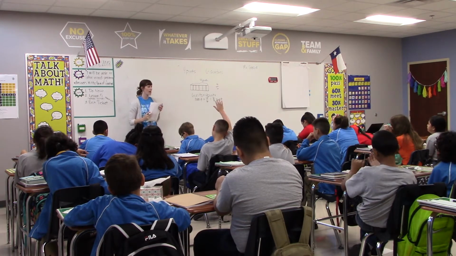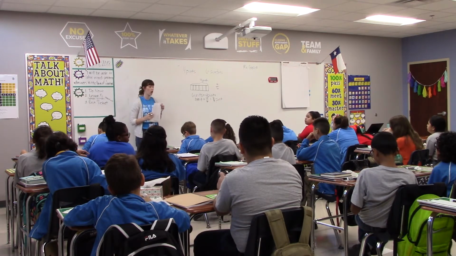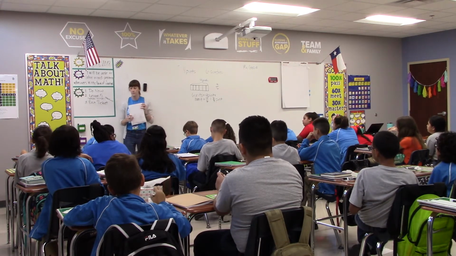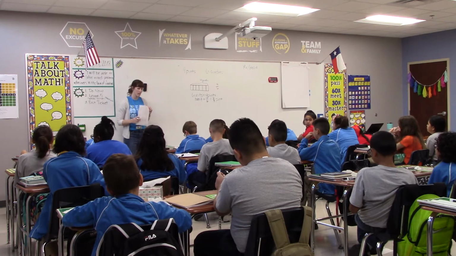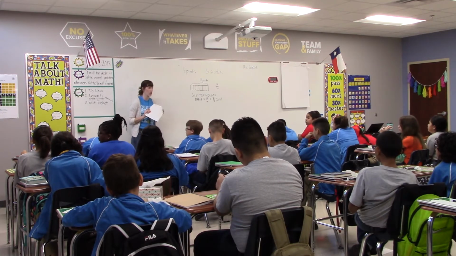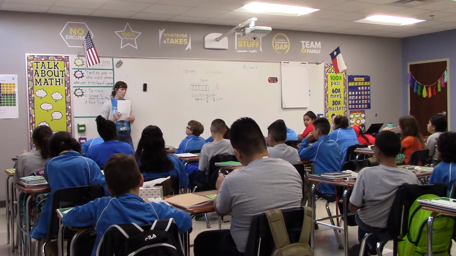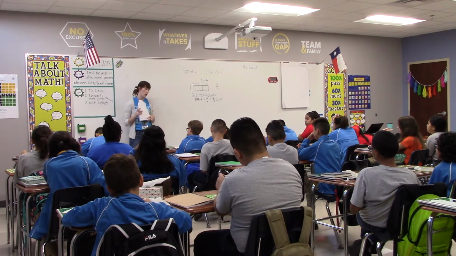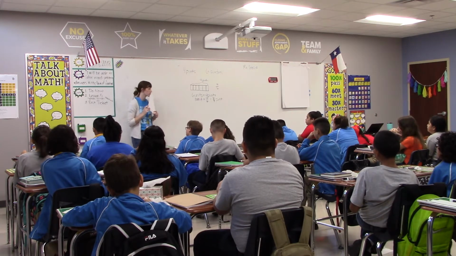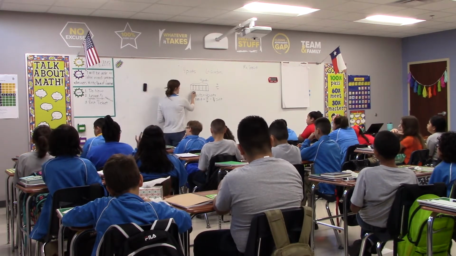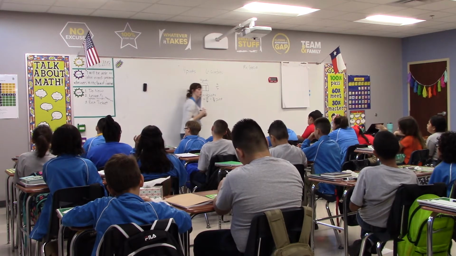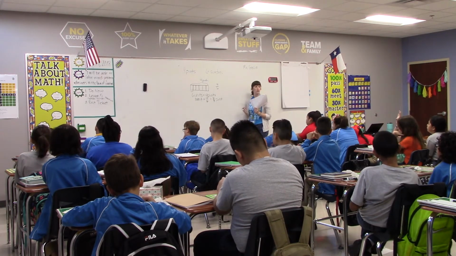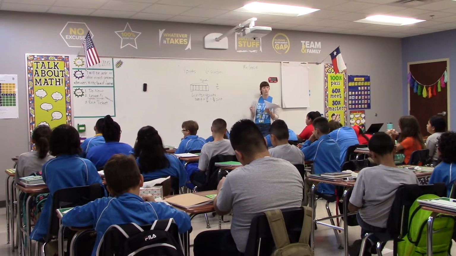Our question was, how many pints are in each sundae? Using a complete sentence, I need someone to raise your hand and tell me the answer. How many pints are in each sundae? 1 unit is a sundae. Marina. 2/3 pint.